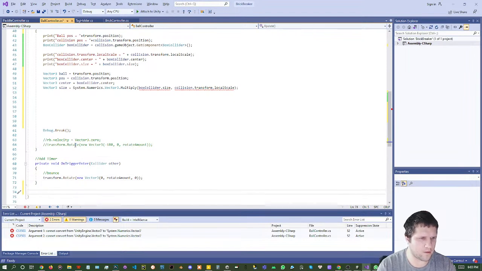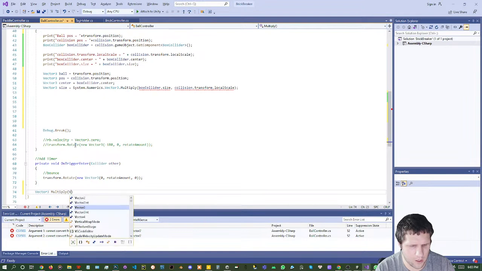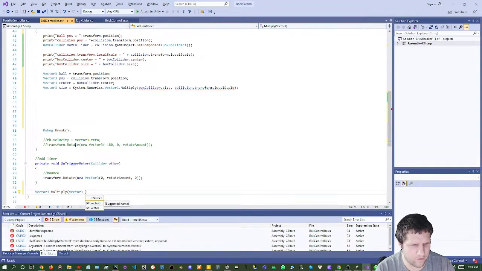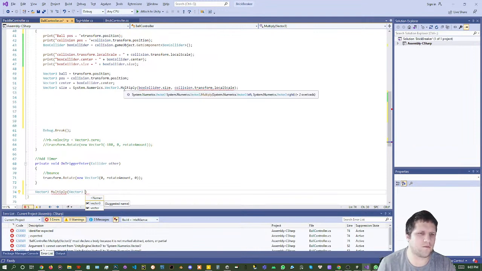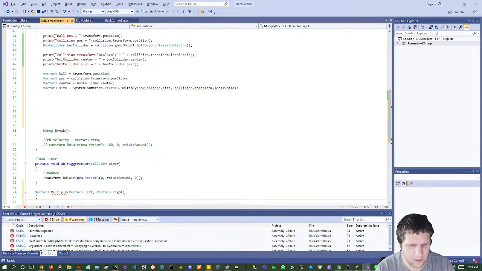That's easy enough. So Vector3 multiply is going to take Vector3, I don't know, what do they call theirs? Left and Vector3 right. I like that.